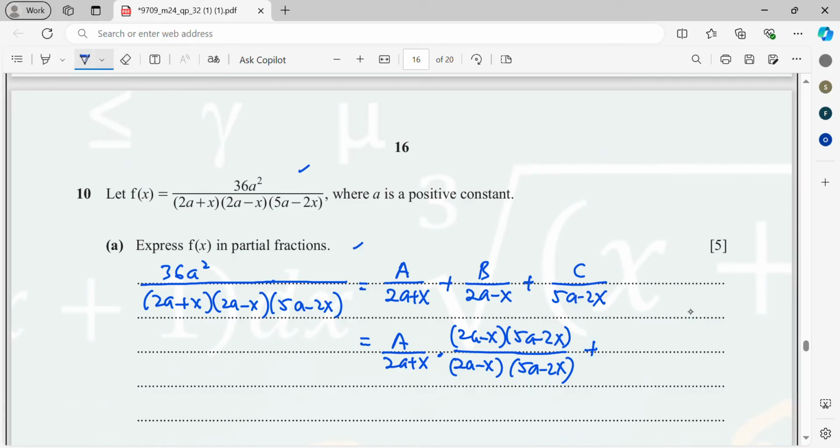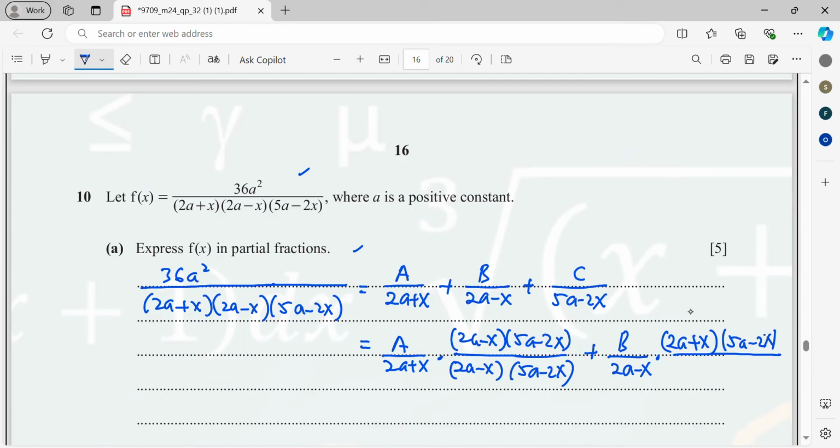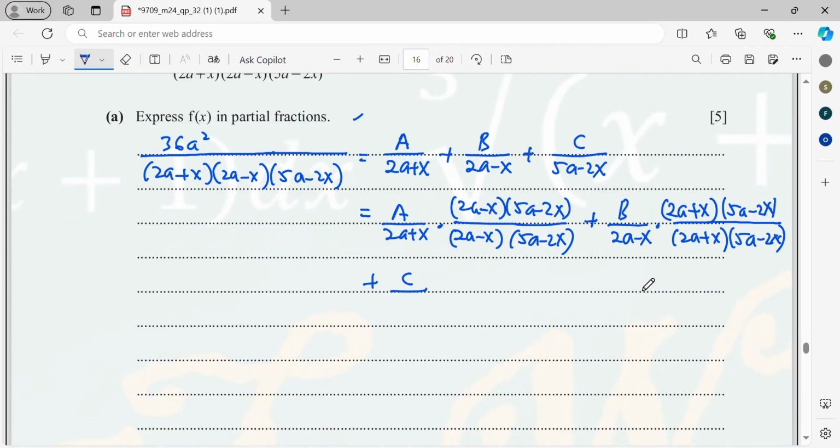So for the B, you are given the middle factor now, so you multiply with the first and third factor. Okay, same goes to the C. I need to multiply with the first two factors.